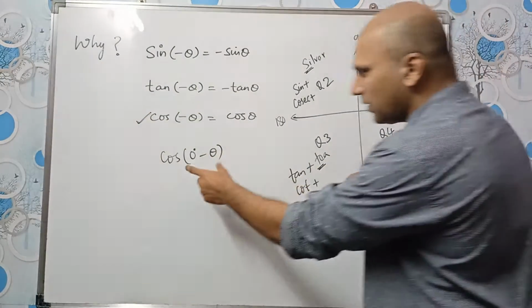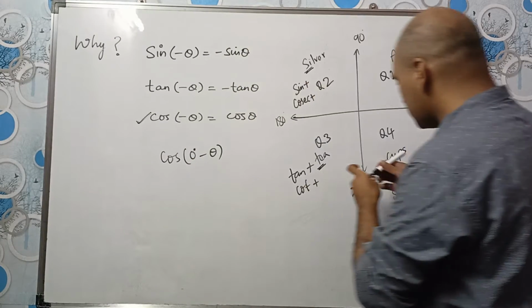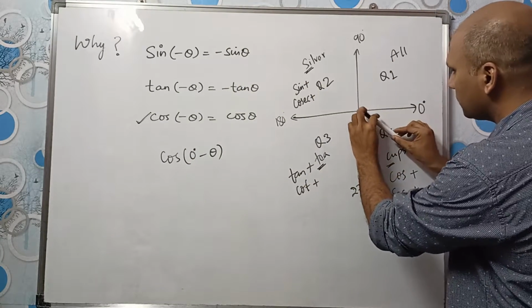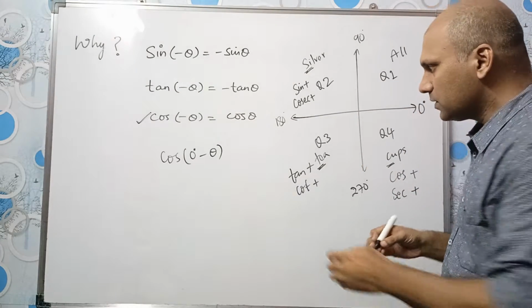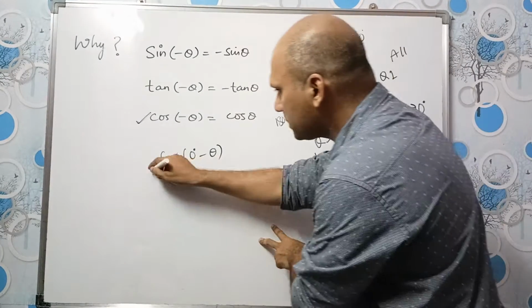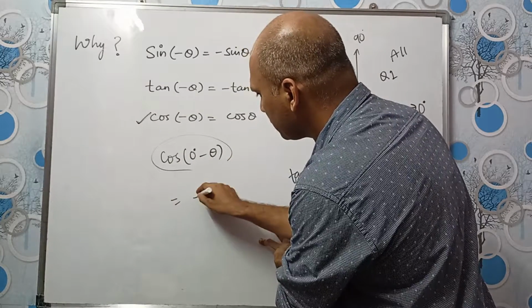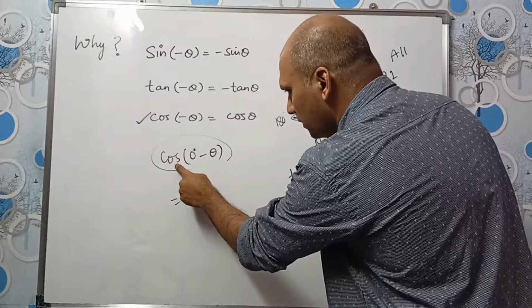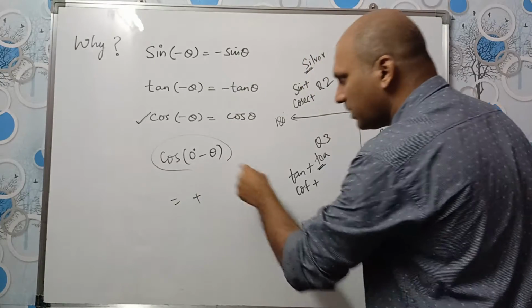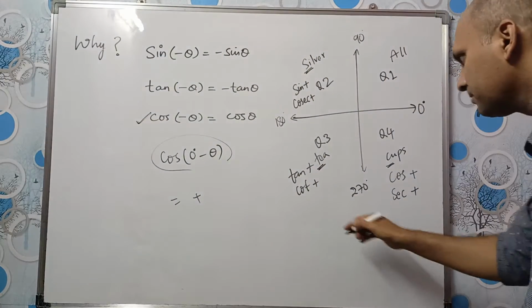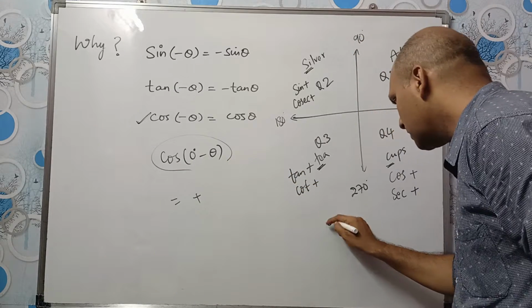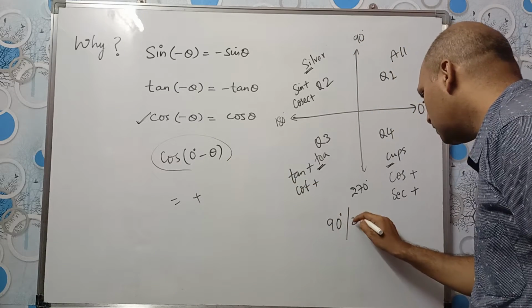Now 0 minus theta is here in the fourth quadrant. So this whole part will be positive. Cos 0 minus theta. We have also studied that ratios will change for 90 degrees and 270 degrees.